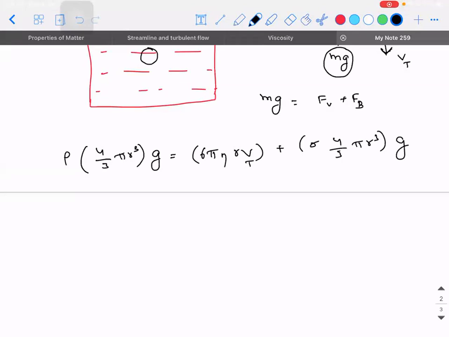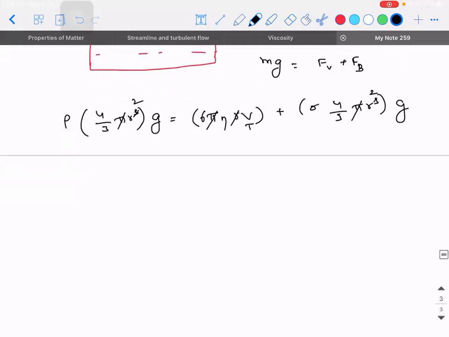Right. So what is going to get cancelled? Pi is gone. r square. So 4 by 3 into r square g, can I write it as rho minus sigma, is equal to 6 times eta into Vt.